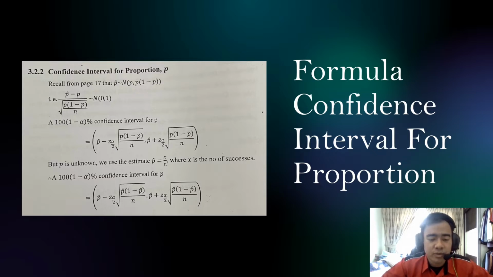Thus, in the end, we will get the 100(1 minus alpha) percent confidence interval for p, as shown in the formula in the picture here.